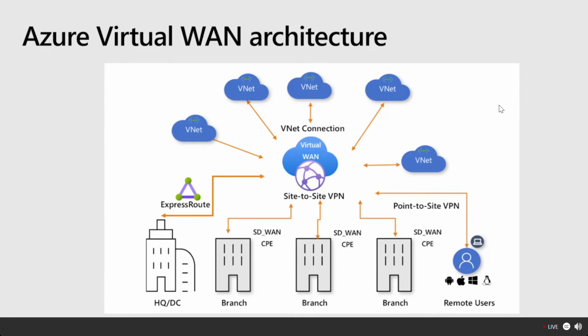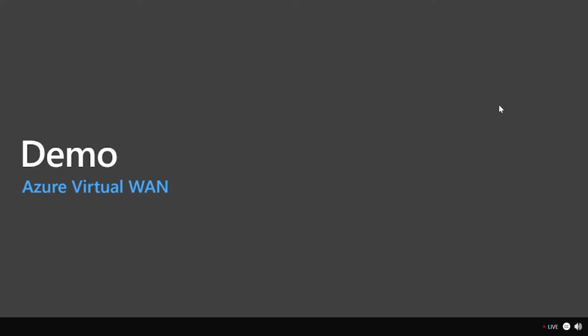Those branches could be connected via ExpressRoute, and we could also have remote users with individual connections from their devices in a point-to-site VPN configuration. Through those, we also connect to our different virtual networks inside Azure, and then all of these different endpoints can communicate with each other. It's time for another demo, so let's jump into the Azure portal and look at how to set up an Azure Virtual WAN.